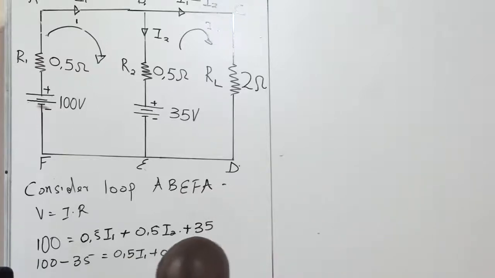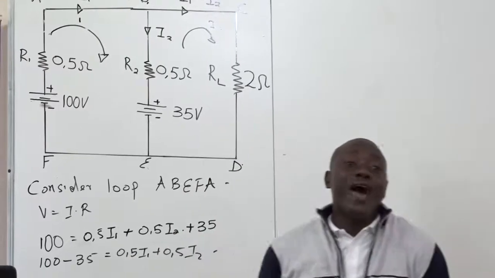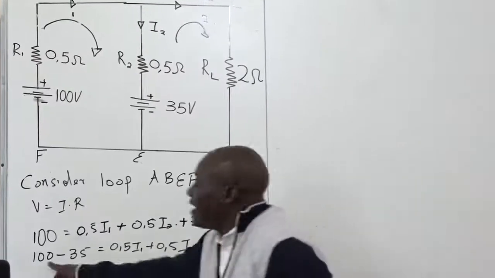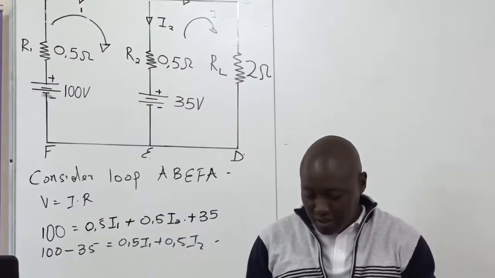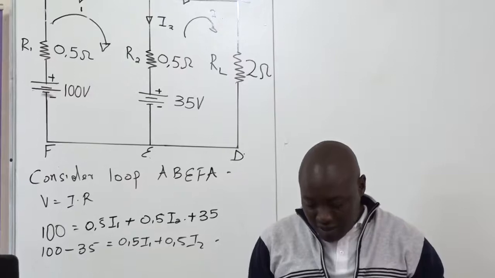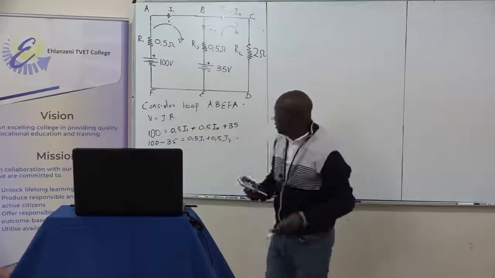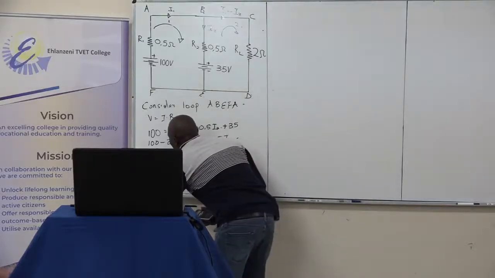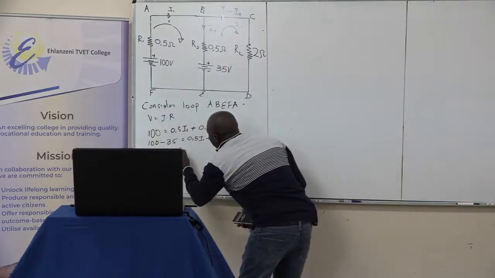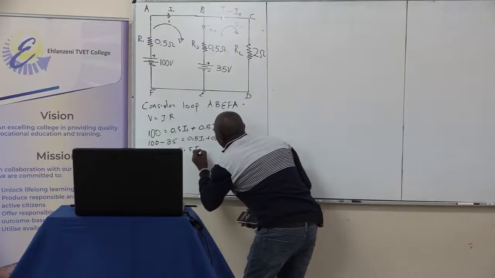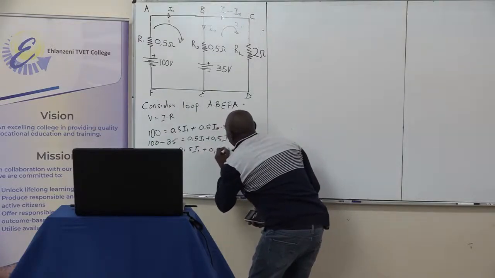So I need to find the difference between 100 and 35, which is 65 volts. And 65 equals 0.5 I1 plus 0.5 I2.